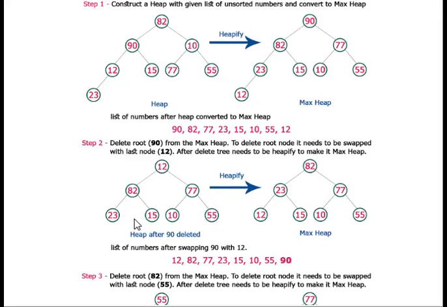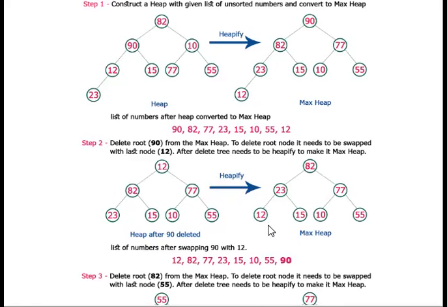So this is the formation for the second step. Then 90 goes to the last array element. Then the same heapify process happens for sorting the maximum heap.